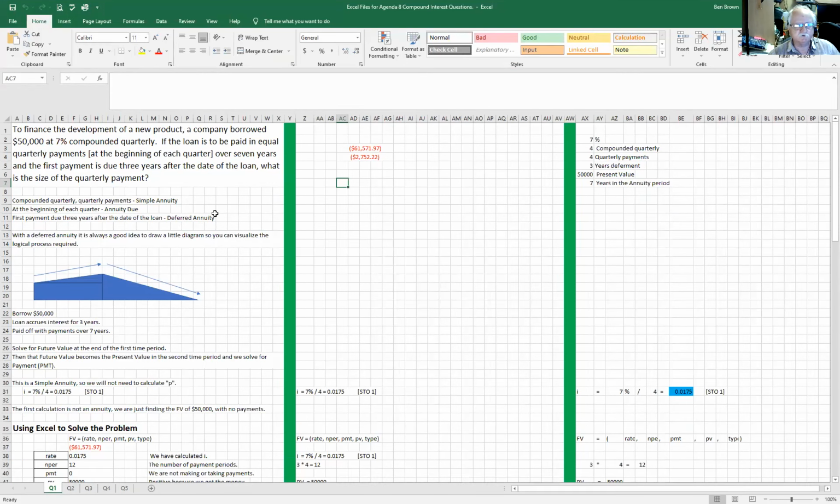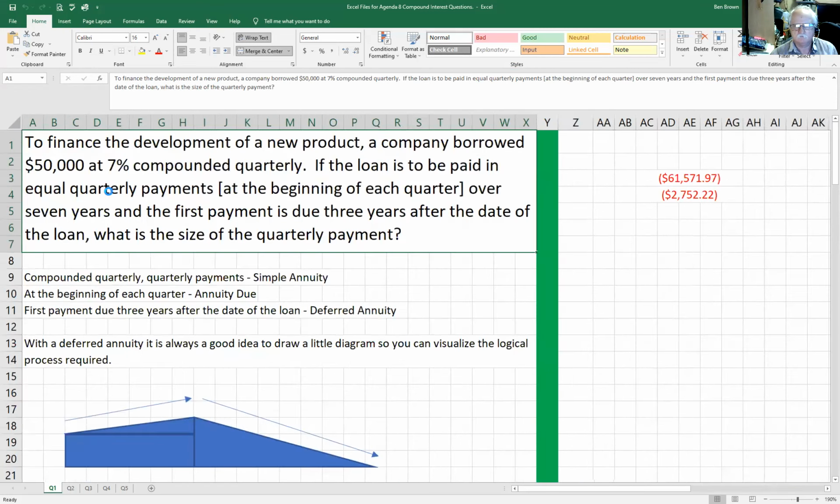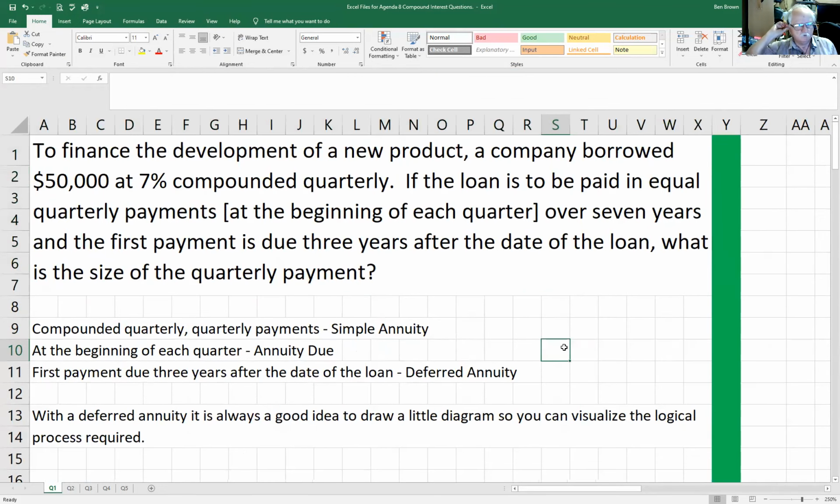So first things first, can we all at least see the Excel file? Let me know if you cannot see that file, because it would help if you could.